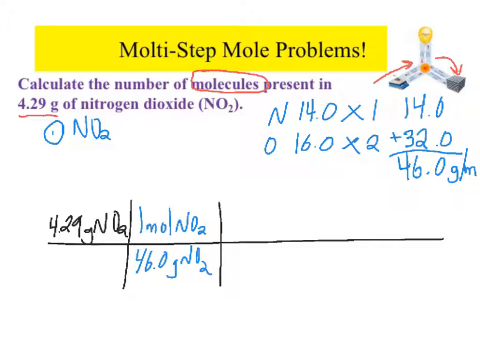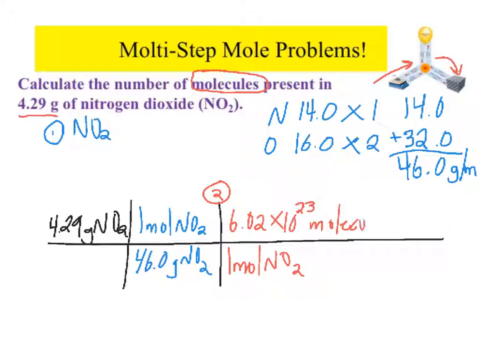So I'm going to use a different color here. This will be step 2. I'm going from moles to molecules. So in every 1 mole of NO2, I know that there are 6.02 times 10 to the 23rd molecules of NO2. And so what happens here is grams of NO2 cancel, moles of NO2 cancel, and I'm left with molecules of NO2, which is what I wanted.